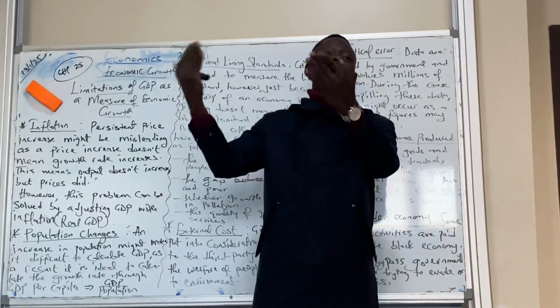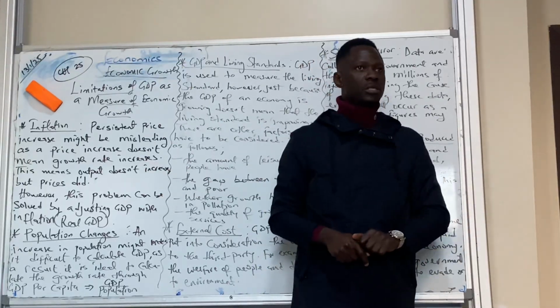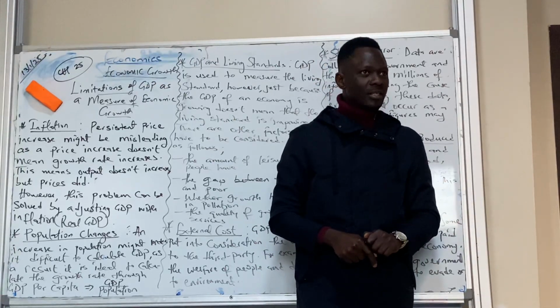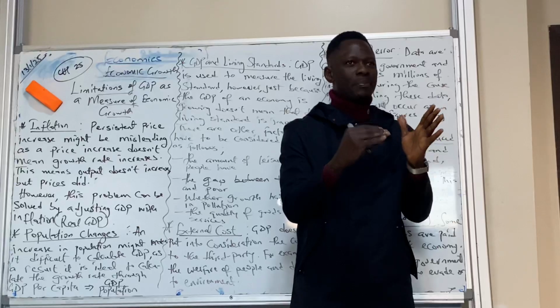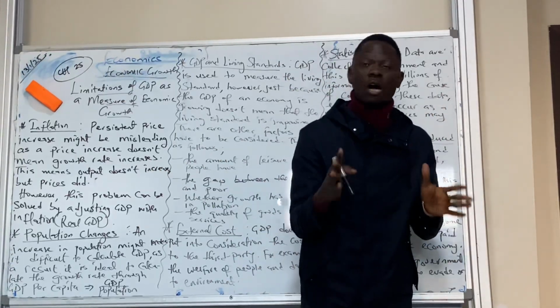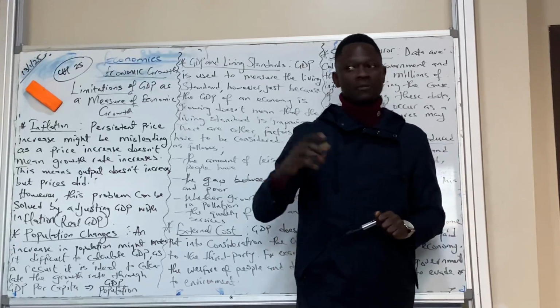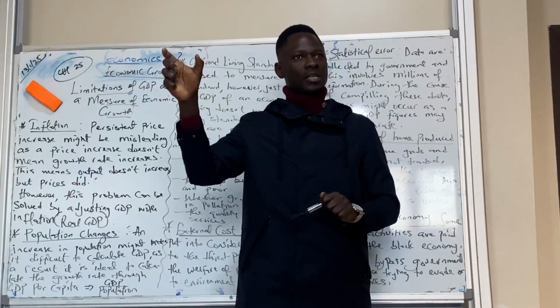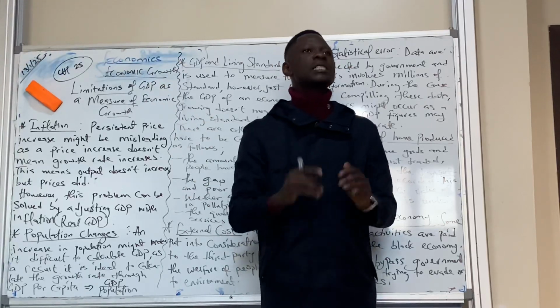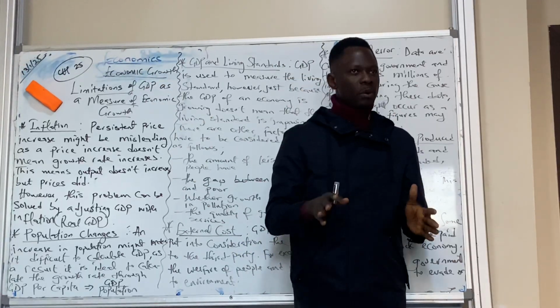So high cost of importation might bring about inflation. High taxes might bring about inflation. So there's a percentage rise in the price of goods and services, but it does not reflect in the output of the country. The amount of GDP has increased based on the fact that prices have increased, but not output. That's the first problem. Do we get it?